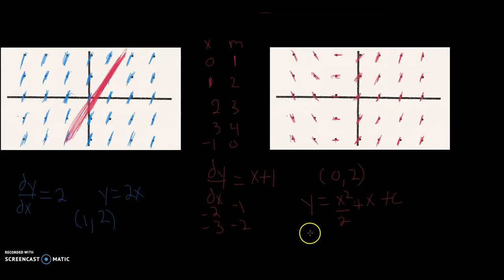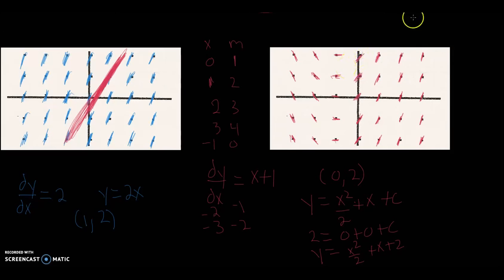You plug in 2 and you get 2 equals 0 plus 0 plus c. So our initial value equation is y equals x squared over 2 plus x plus 2. So this would have to go through (0, 2), which happens to be here.